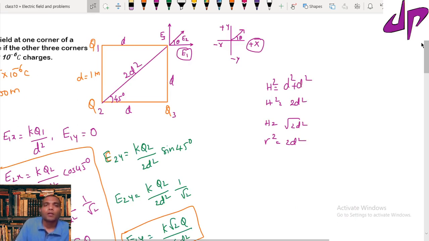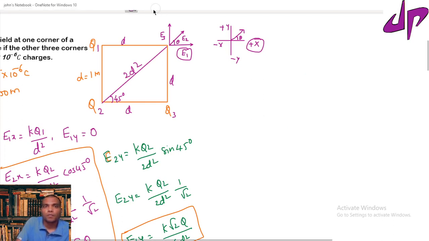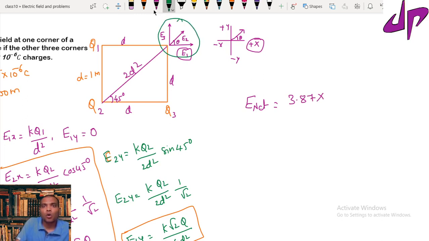So the resultant electric field of these three charges at this corner is 3.87 times 10 power 4 newton per coulomb, and the direction equals 45 degrees.